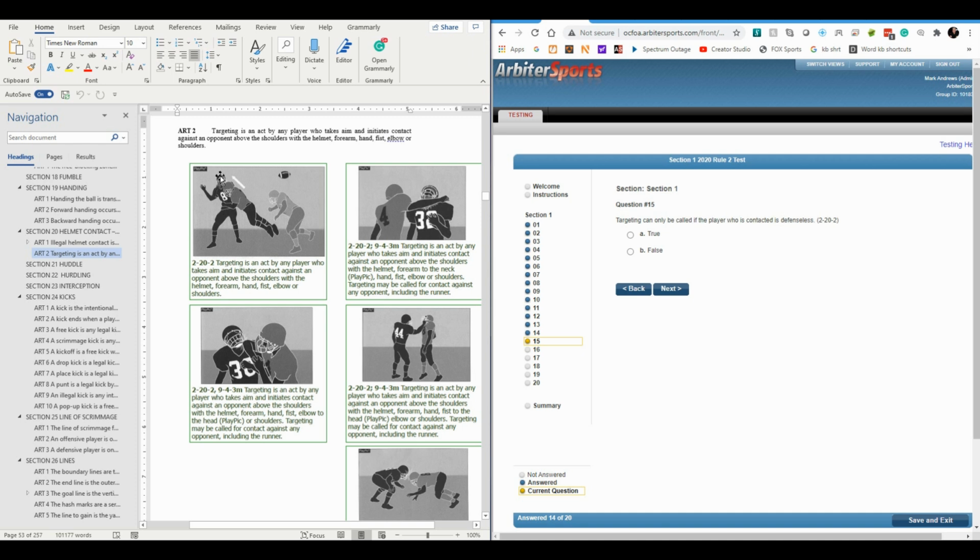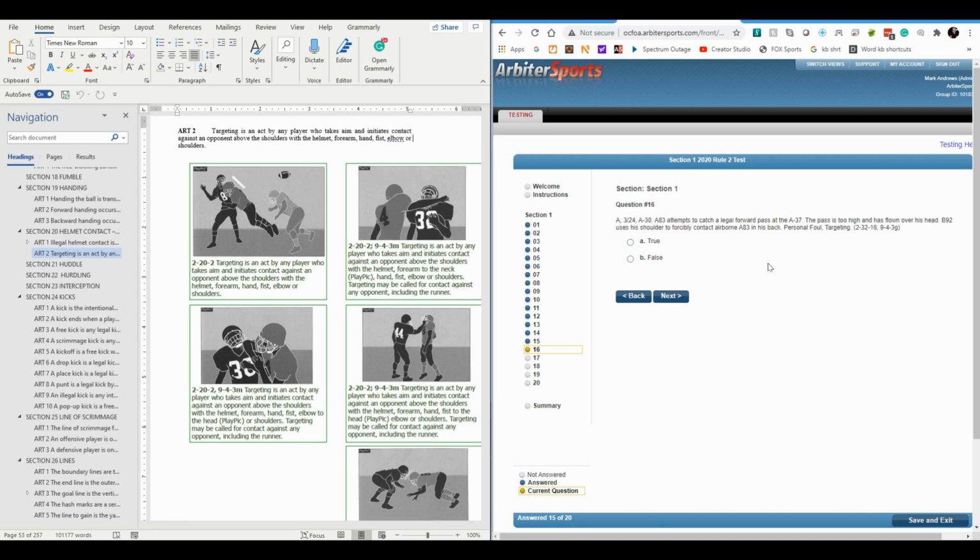We don't excuse that kind of hit simply because the first contact wasn't with the area above the shoulders. If it carries through to the area above the shoulders, we've still got potential targeting. Okay? So the answer to this question is false.